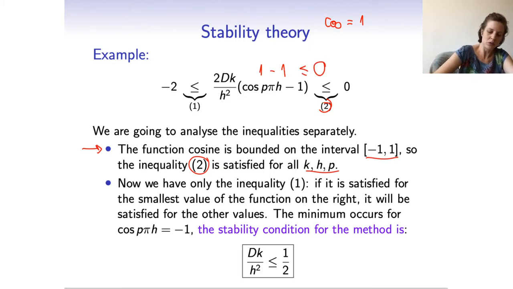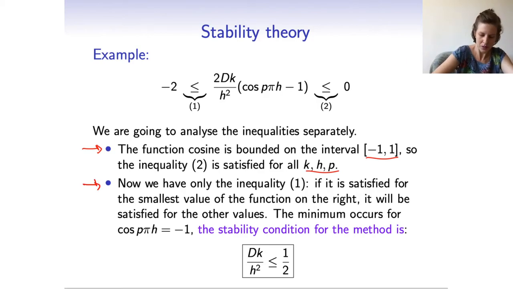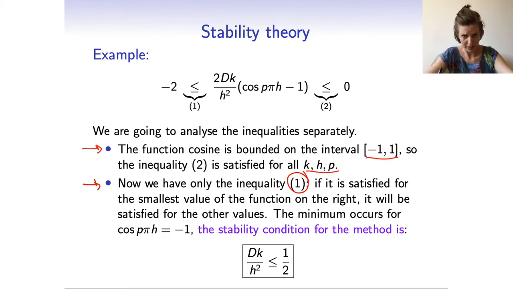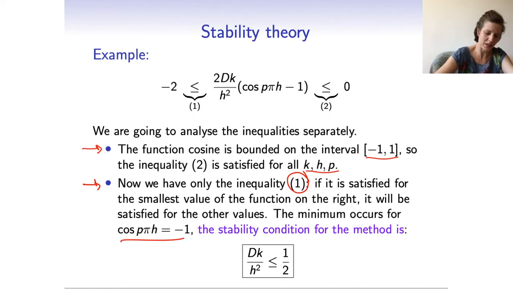Now we are going to look at condition 1. If it is satisfied for the smallest value of the cosine function on the right, it will be satisfied for all the values. The minimum occurs for cosine of p pi h equal to minus 1.